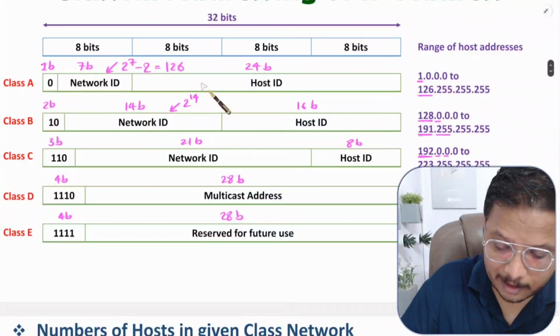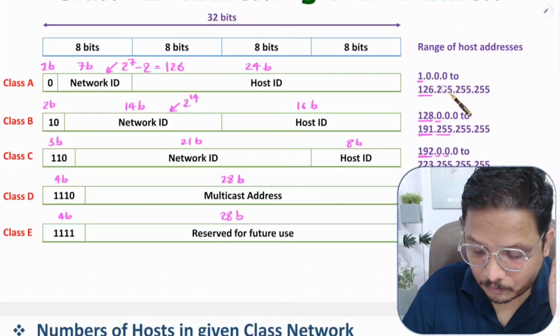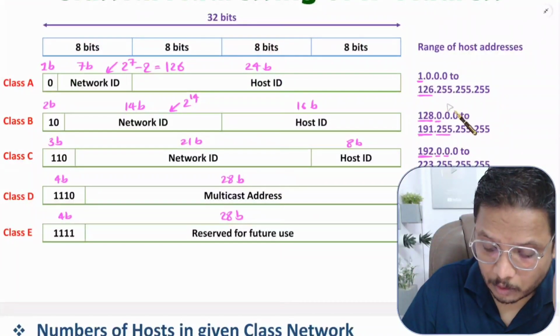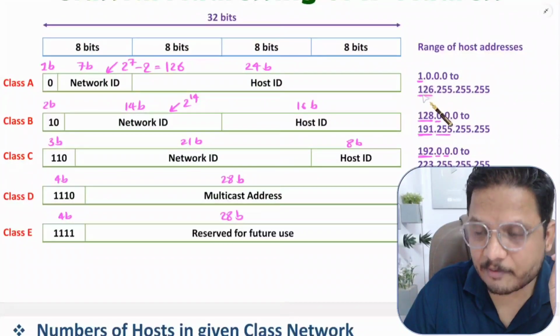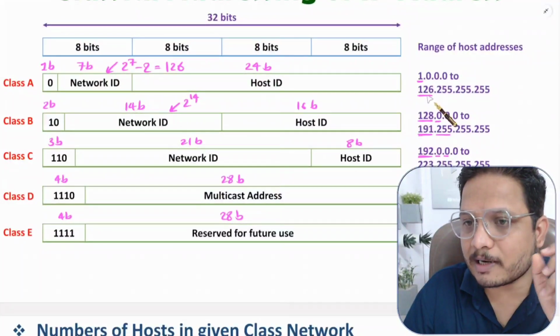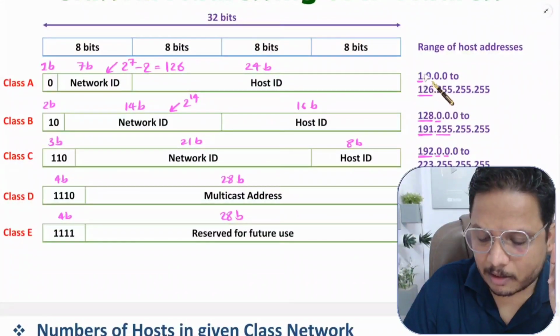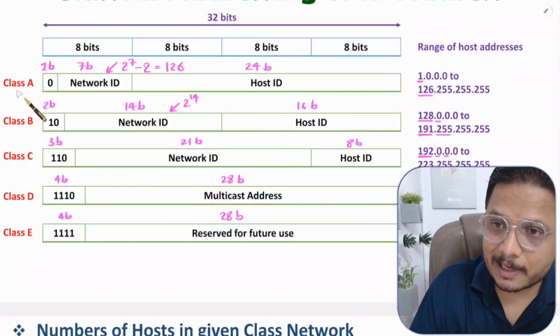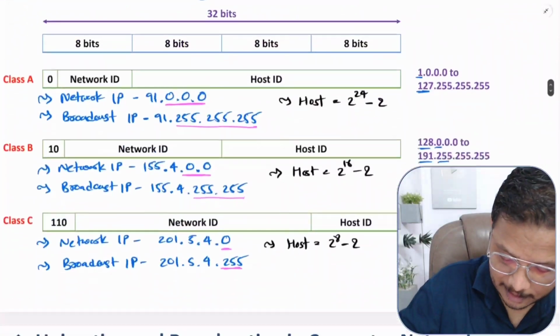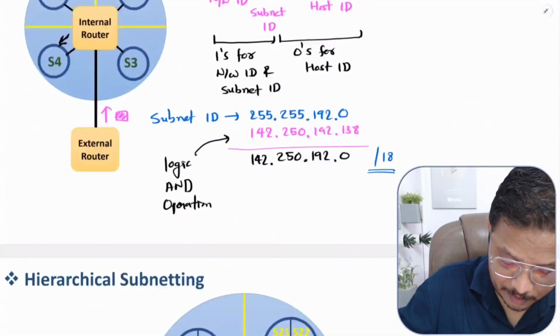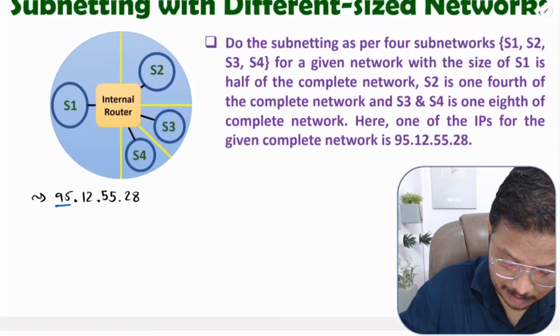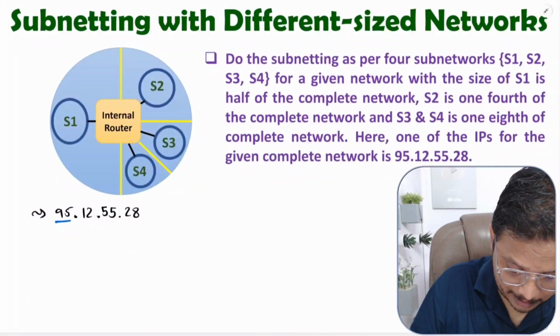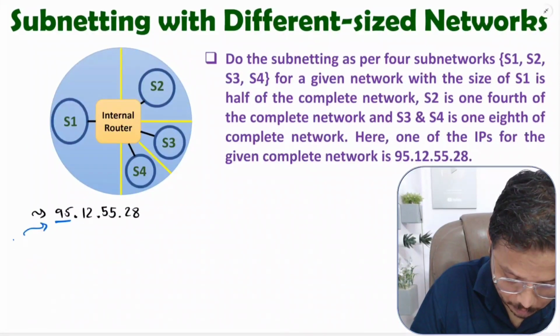With class A, IPs range from 1 to 127. Here I have written 126 because 127 is reserved. But the first octet from 1 to 127 belongs to class A. So you can say the IP given for this network belongs to class A.